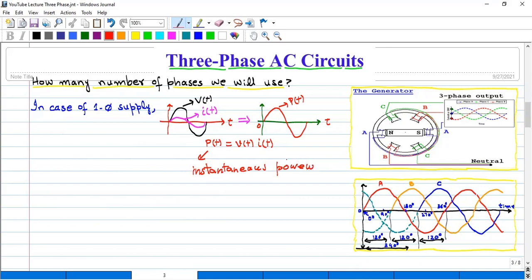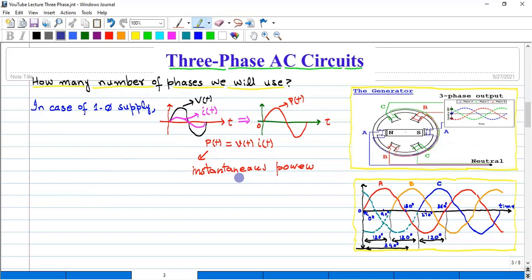It means that every second, the value of the power will be different, because the voltage is sinusoidal, instantaneous voltage, and the current is also instantaneous, and hence the power is also instantaneous.